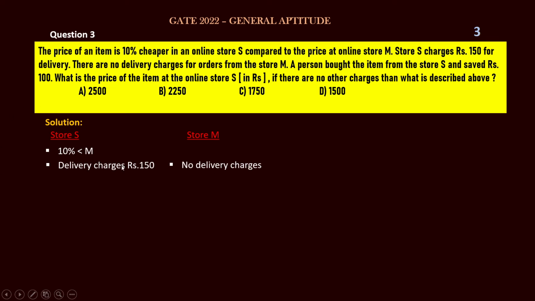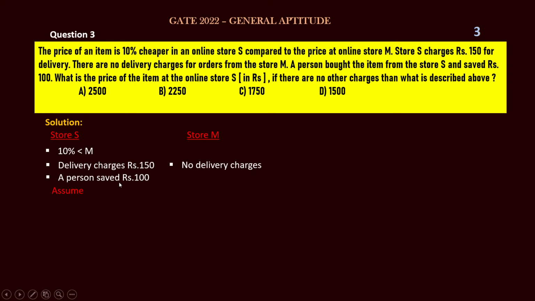The person bought the item from store S and he saved rupees 100. These are the three conditions. With these three conditions, we can write the equation.